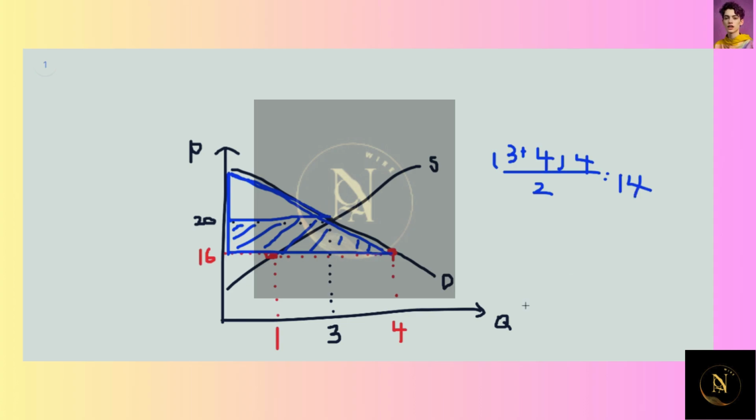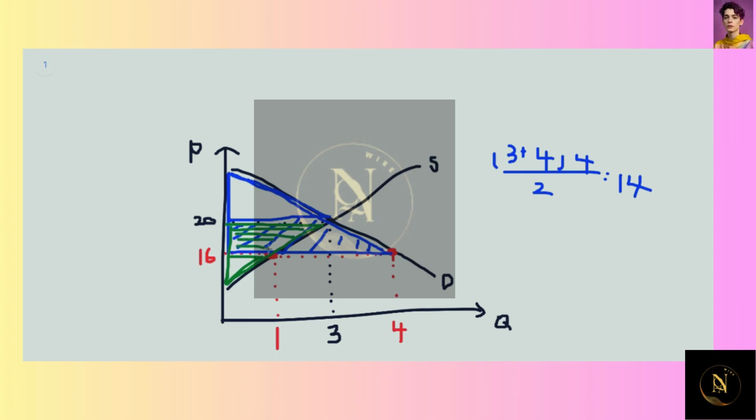Okay, now we have to calculate the producer surplus. So if we ignore the blue part, okay, I'll use green. The producer surplus used to be the green triangle here, but now it becomes smaller. So the difference is the green area here.